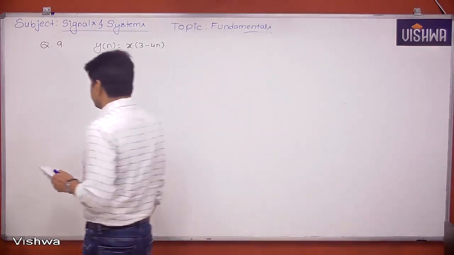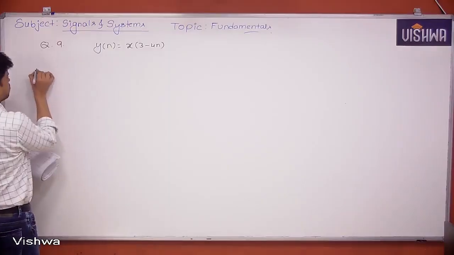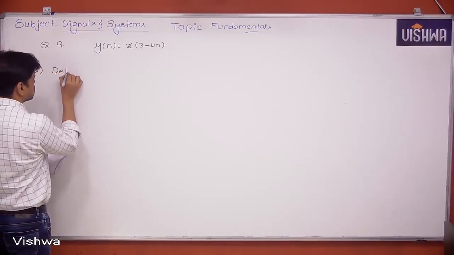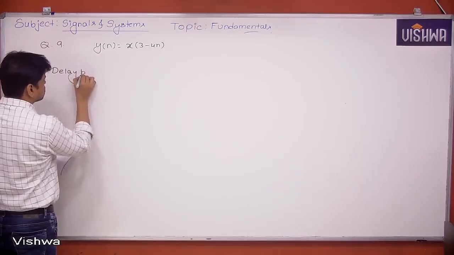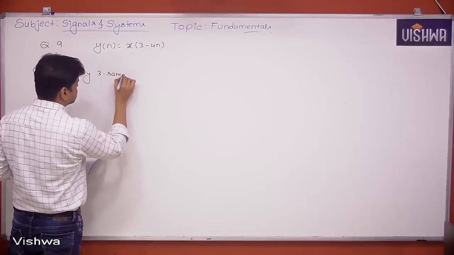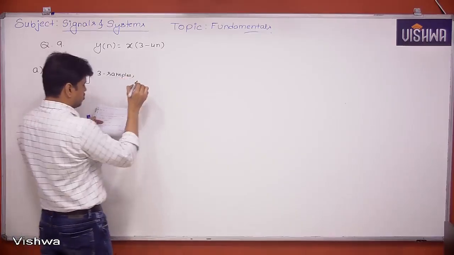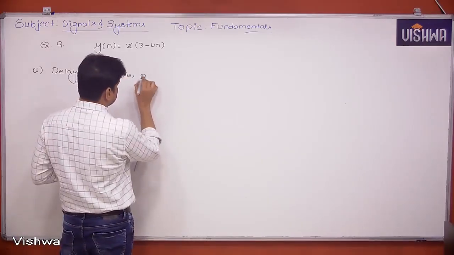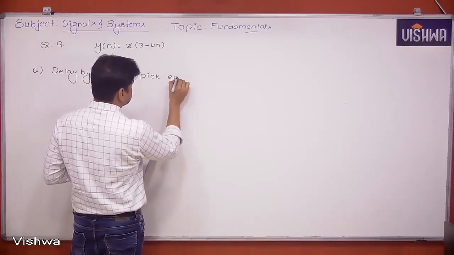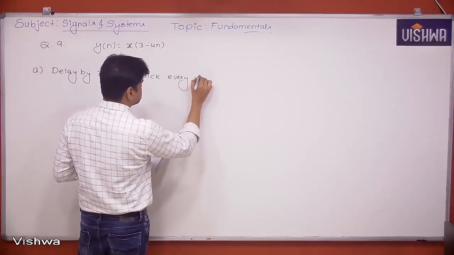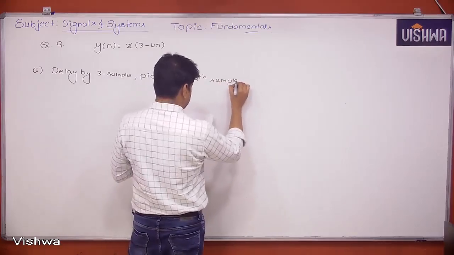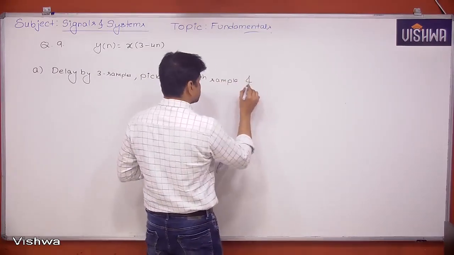Let's say the options. Option A: delay by 3 samples, pick every 4th sample, and time reversal.